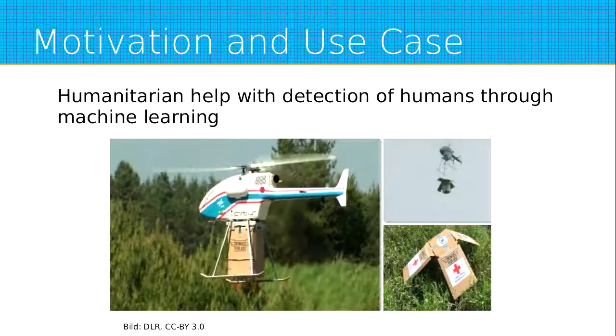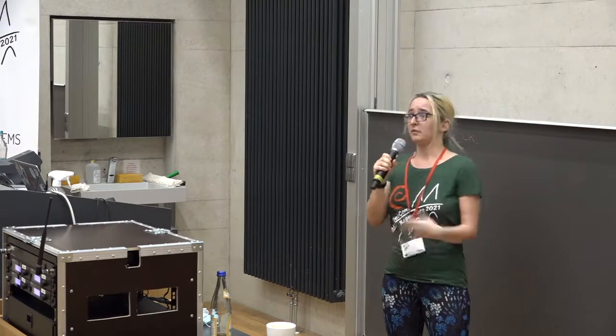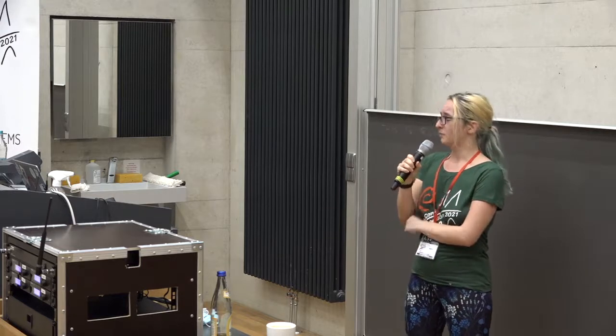To give you a little bit of context, I worked at the German Aerospace Center last semester, and the project I worked for was Drones for Good. The idea behind Drones for Good is to use machine learning to help with humanitarian help and in catastrophic failures, like this year in the Altai, for example, where humans can't get through, but where help is still needed.